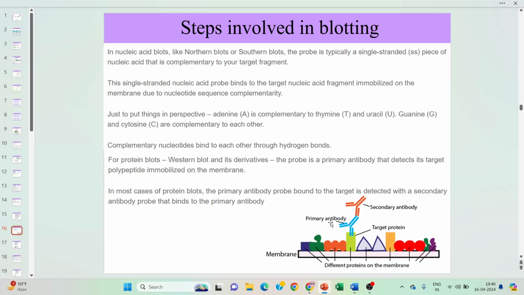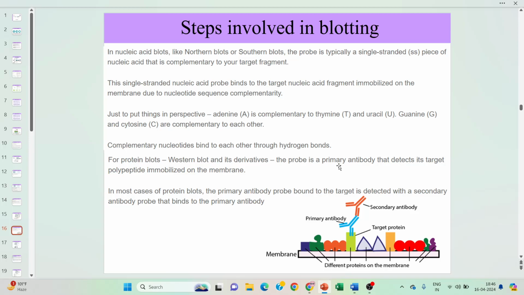The probe binds to the protein using its Fab region, and the secondary antibody binds to the primary antibody's Fc region. This secondary antibody is often coupled with an enzyme, right? This enzyme acts on the substrate and gives you a colored product. So when there is the presence of the antigen on the membrane, it is going to give you a colored product.